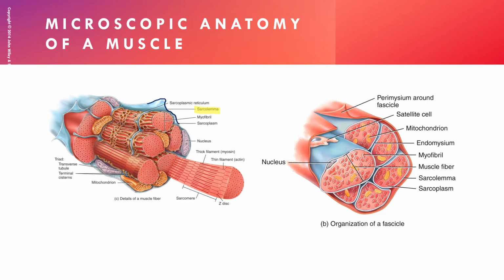Thousands of tiny invaginations of the sarcolemma are called transverse tubules or T-tubules. And you can see them labeled right here, but they're kind of little indentations of the plasma membrane that go between these sarcomeres, between the myofibrils.